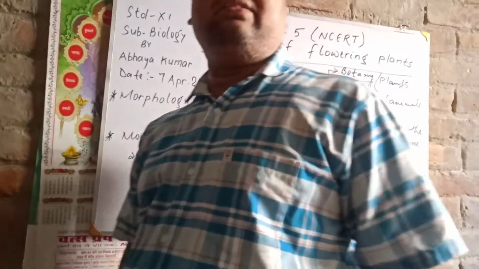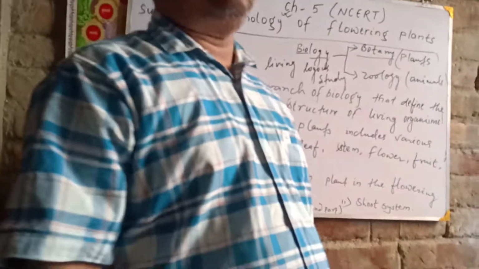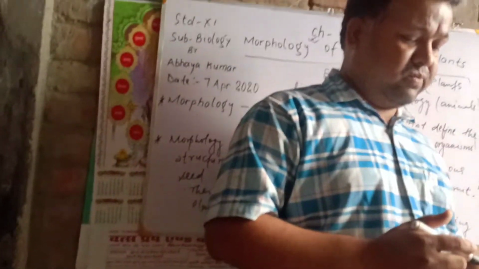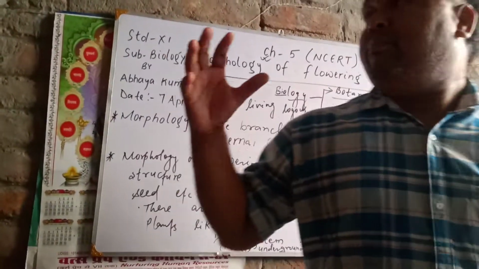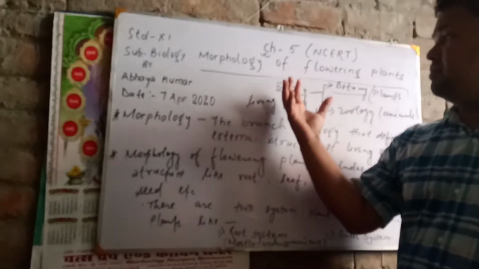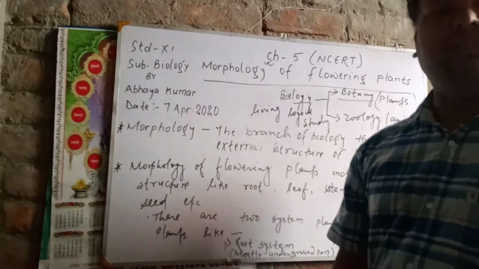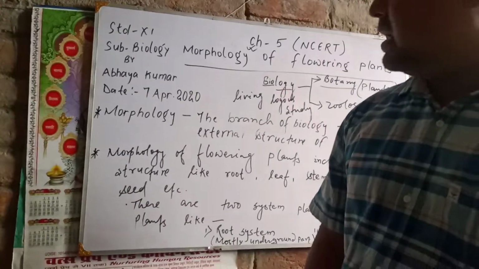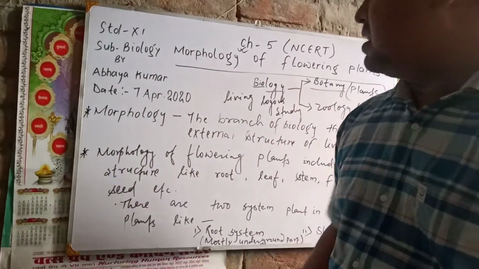Besides these two branches, botany and zoology, there are also various branches we have to study. Biology consists of morphology. It is one of the branches that we have to study in 11th.